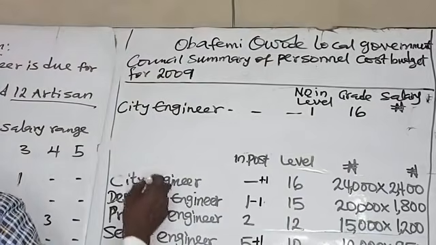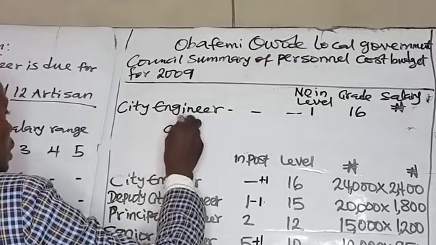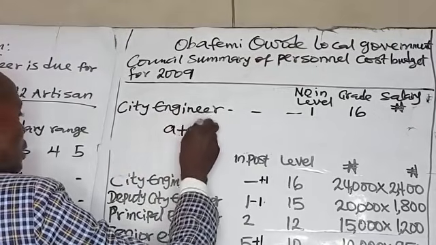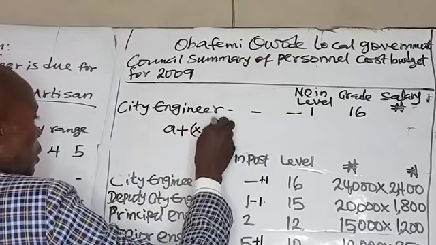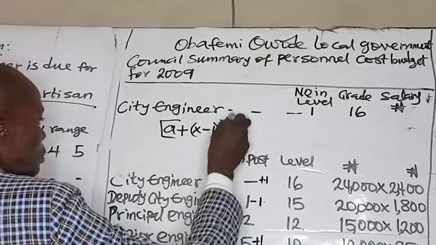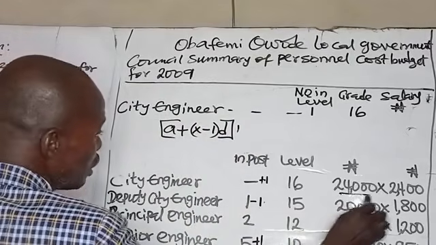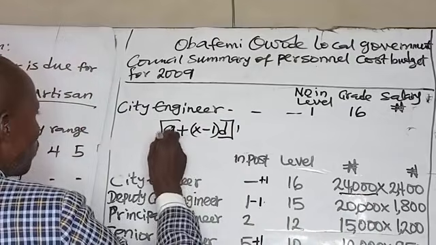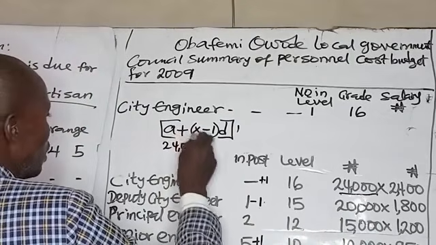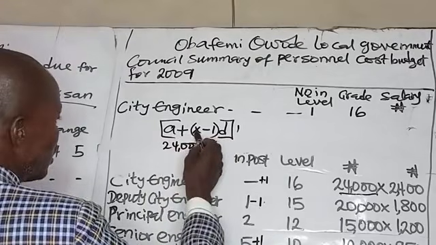Remember, I've told you that the salary will grow in arithmetic progression. A plus x minus 1 into D, all multiplied by n, where A is the basic pay, which is 24,000. So you have 24,000 plus, x is step.